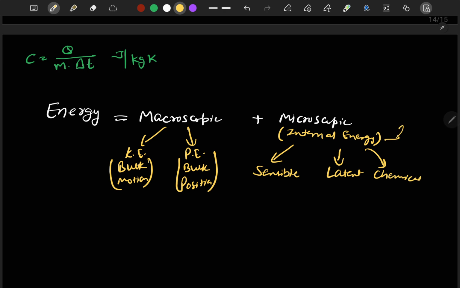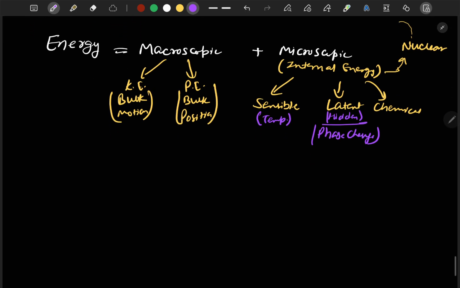Fourth one is nuclear. And there are many more. Sensible energy is due to the change in temperature. Latent energy is a hidden energy, basically hidden in the substance, and it occurs when there is a phase change.